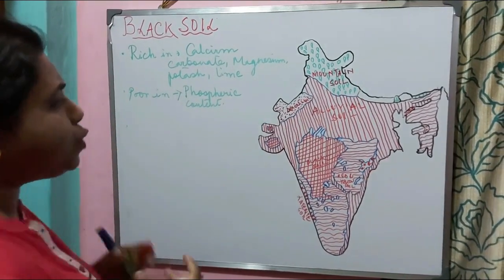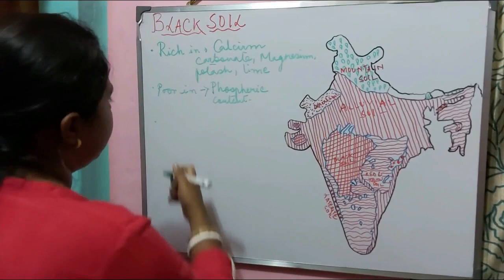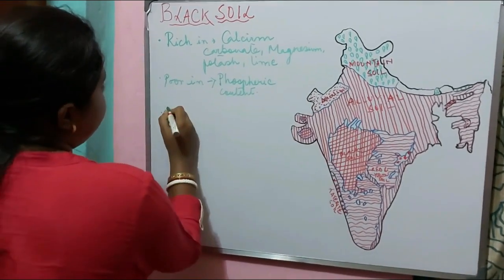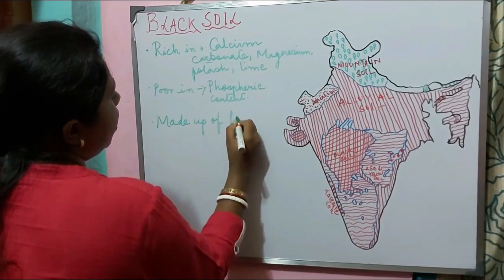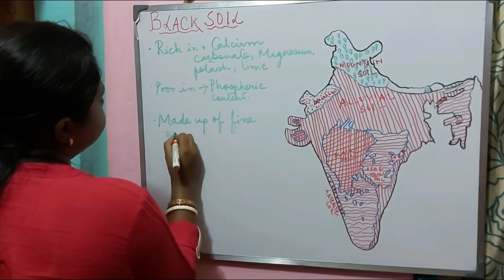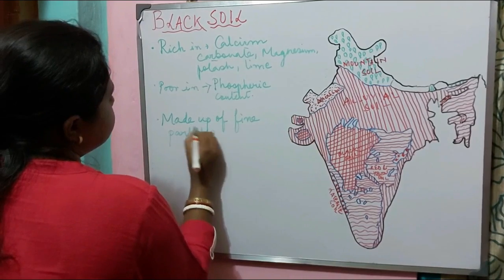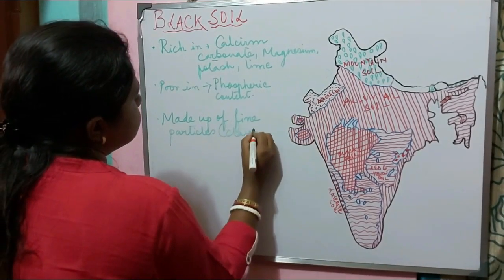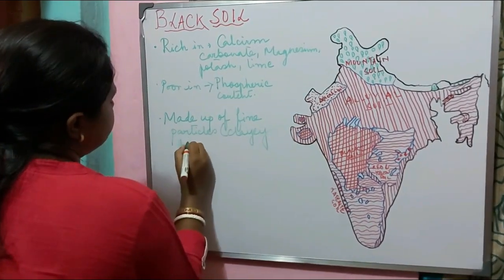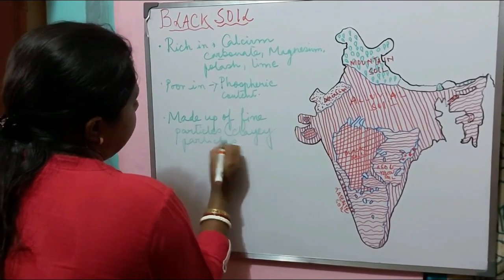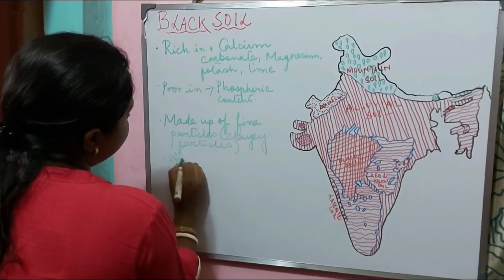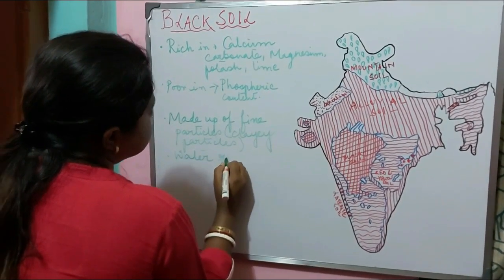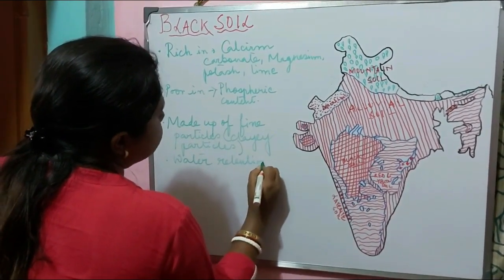If we talk about the special features of the black soil, you can say that they are made up of fine particles. You can say clay particles. And due to this, they have a very good water retention capacity.